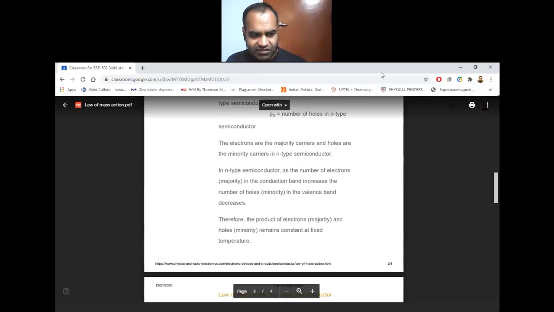Maybe I can draw it quickly. Just try to explain by a simple drawing. Okay, I have drawn four holes in the valence band, but I'll try to draw more electrons in the conduction band.